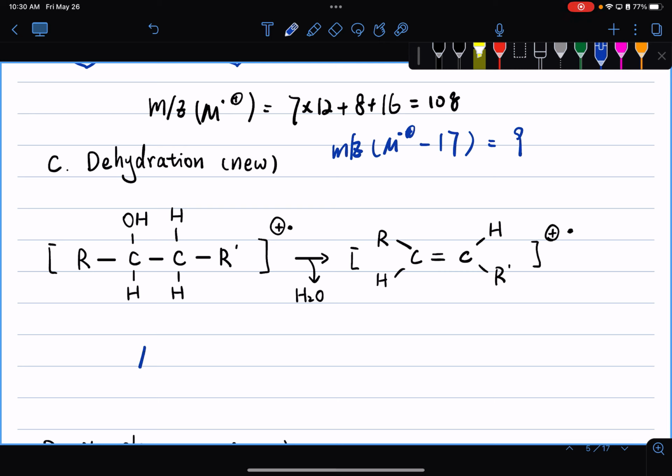So what happens is, let's say on the left-hand side, this is an alcohol group. That's our molecular ion. This part just leaves, and this part becomes a double bond. And we end up expecting a peak at the molecular ion minus 18.